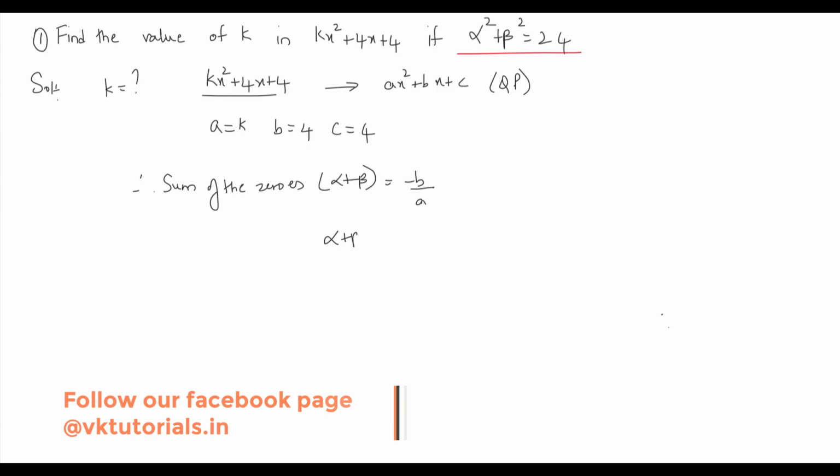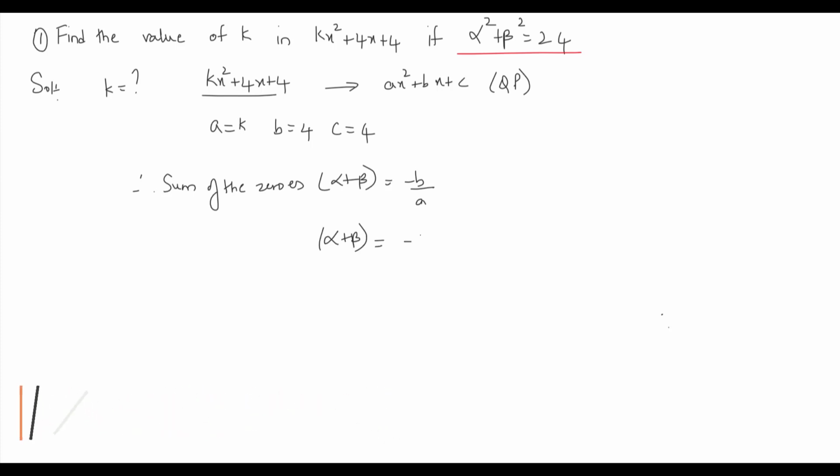What is alpha plus beta here? Minus 4 by k. And product of the zeros, that is alpha beta, is equal to c by a. C is 4 and a is k, so 4 by k.